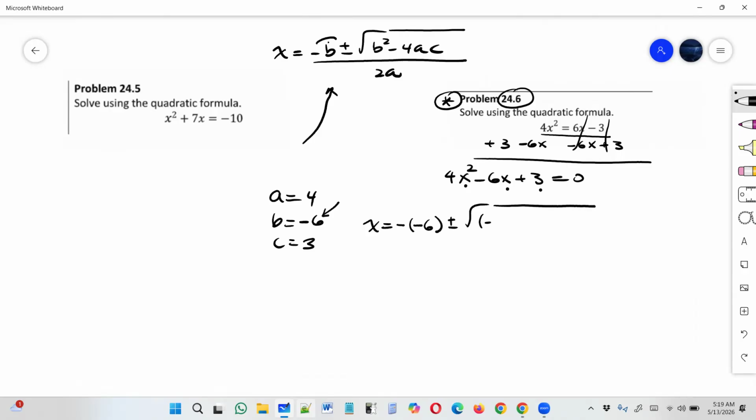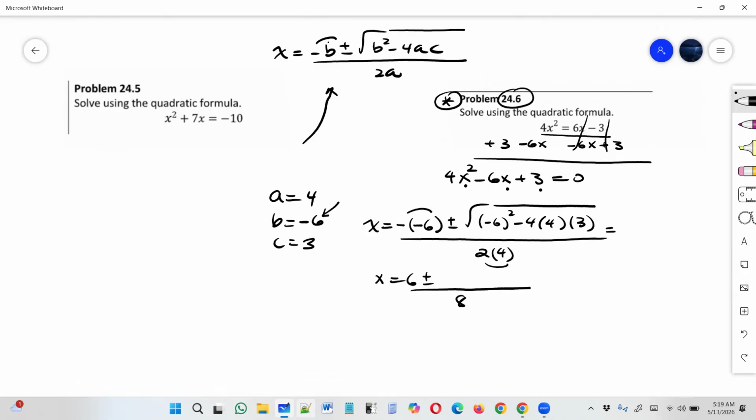B squared, -6 squared, minus 4 times a, 4, times c, 3, everything over 2 times a. Okay? So this is +6, plus or minus. Obviously, the denominator is 8.